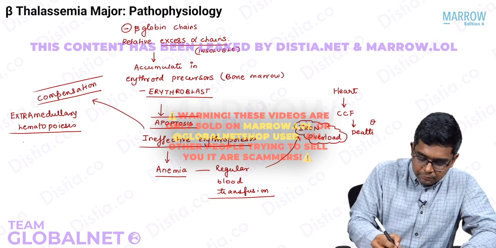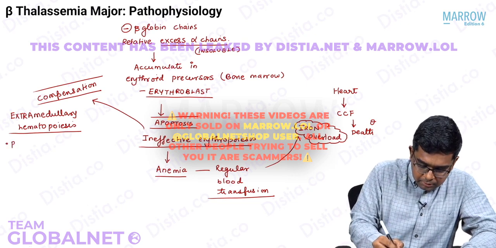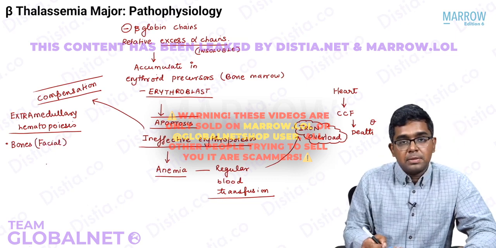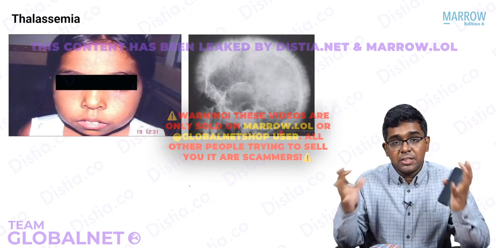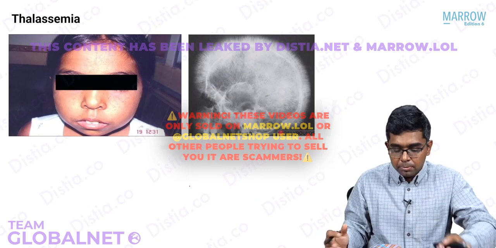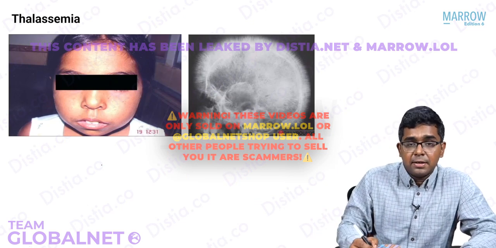For example, if the bones are going to be affected, especially the facial bones, you will have characteristic problems like what you see in this picture. You can notice that because the facial bones have started to take part in erythropoiesis, this child is having characteristic manifestations.